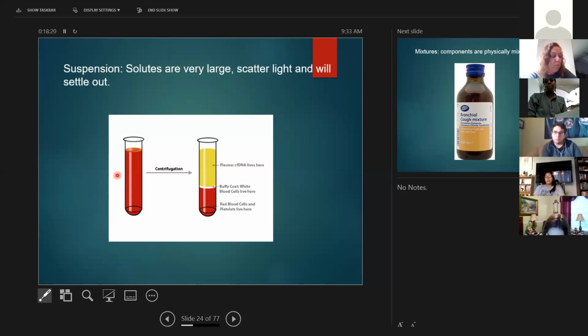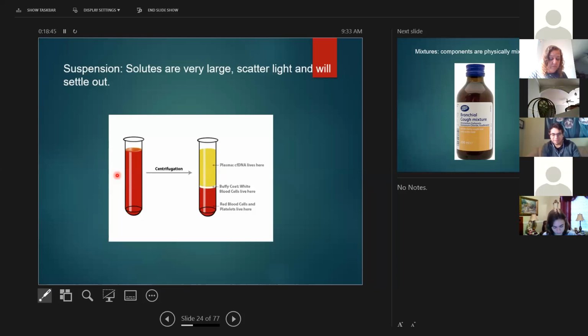Whenever you go donate plasma, is that a suspension process where they spin it to separate the white blood cells from the red blood cells? So when you donate plasma, no, they're separating all of the cells and then pumping those back into you. So would any part of that be considered suspension where they separate all the cells?